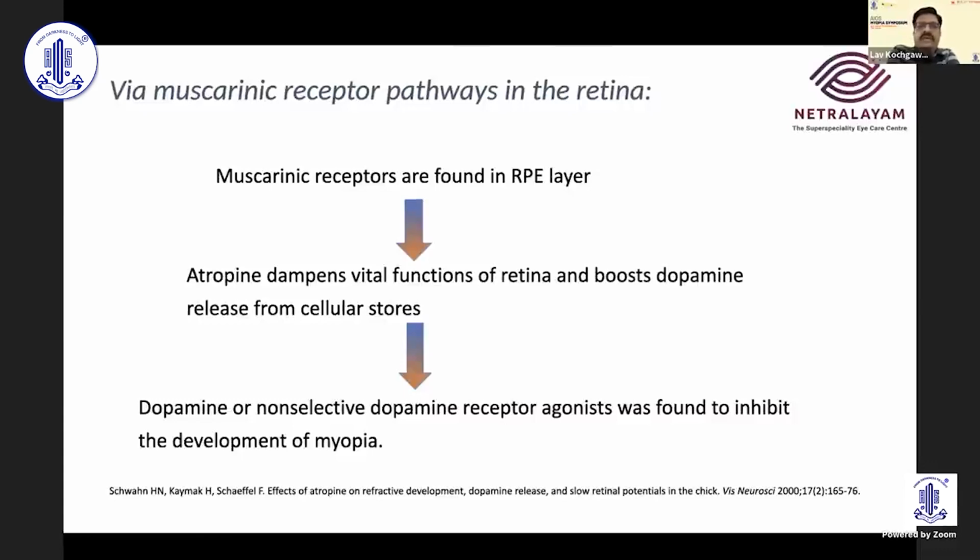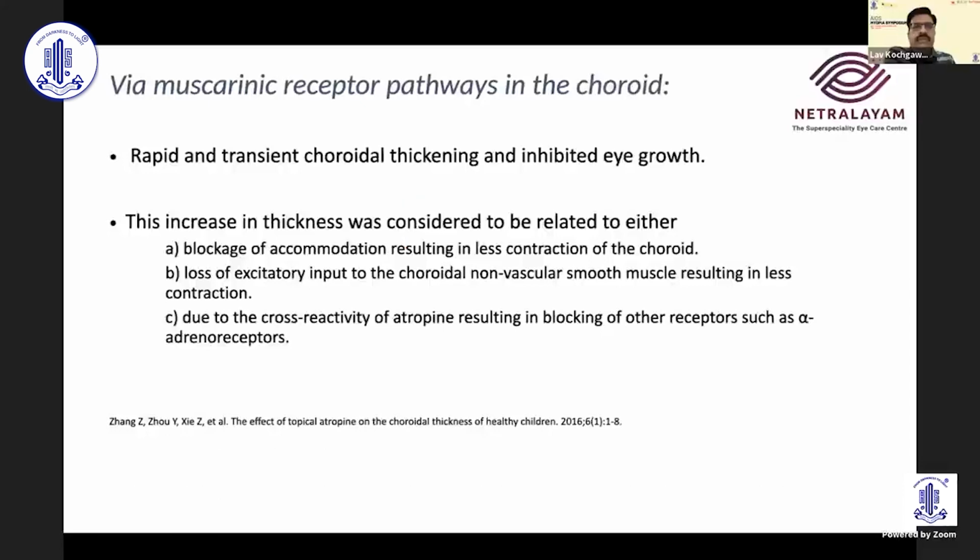The second is via the muscarinic receptor pathways in the retina, found in the RPE layers. Atropine dampens vital function of the retina and boosts dopamine release from cellular stores. This is one of the theories for the mechanism of action. Another is rapid and transient choroidal thickening, which blocks uninhibited eye growth.